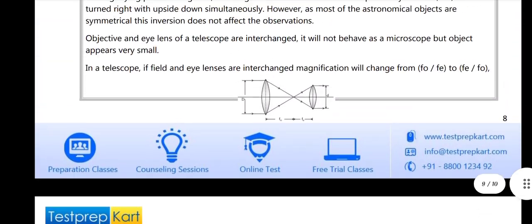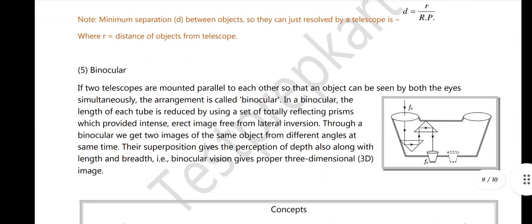And another final thing is the binoculars that we use. If two telescopes are mounted parallel to each other so that an object can be seen by both eyes simultaneously, the arrangement is called a binocular.